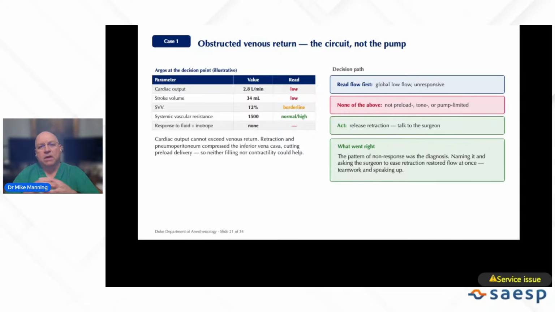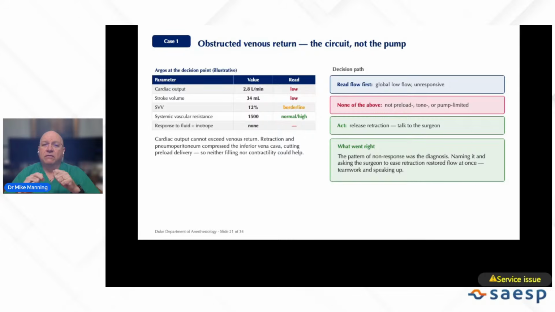Because we're not responding to the things that I would normally think of. Our cardiac output had been 2.8 liters and our index was 1.4 at the time. Our stroke volume variation was 12%, which is a little borderline, but our stroke volume had dropped considerably, almost by a third of what it had been. Our systemic vascular resistance was normal.